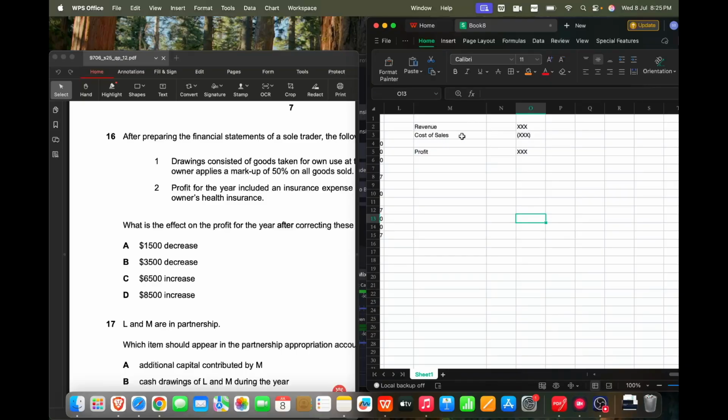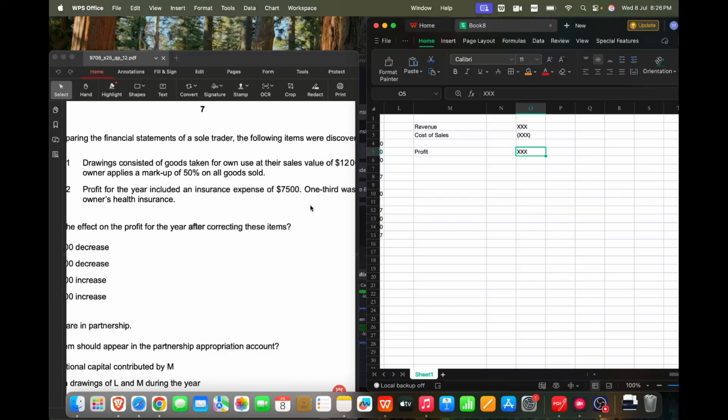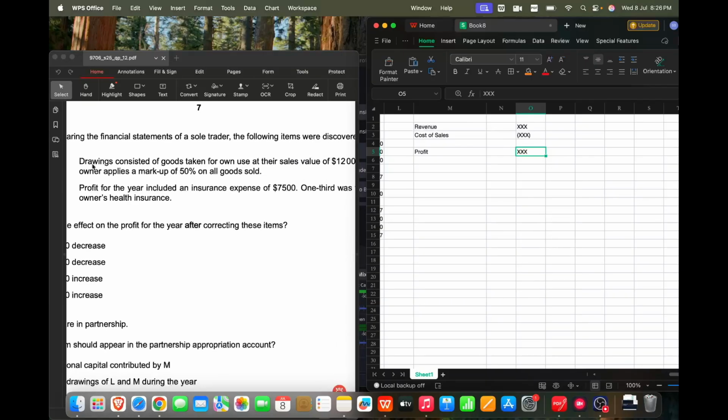Now, if my cost of sales increases or decreases, or revenue increases or decreases, this will directly impact my profit. Why I'm telling you that is, the first error says there are goods taken for own use and the value was 12,000.